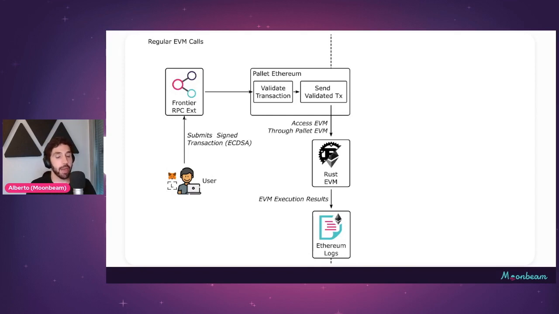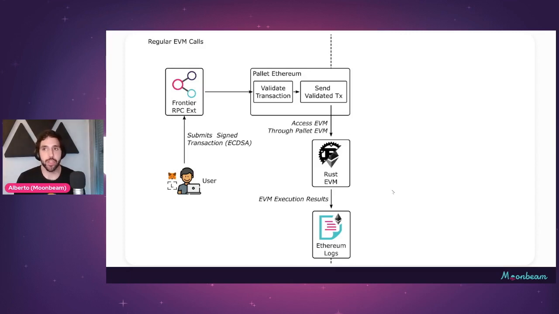And so basically this will get picked up by the Frontier RPC extension, and Frontier RPC extension will work together with Pallet Ethereum sort of to validate the transaction, make sure everything checks out, and it's going to send the validated transaction through the EVM pallet to the Rust EVM. This is super simplified, but it's just to show you the main point, right? So, once the Rust EVM executes everything, you have some execution results, and then you have some Ethereum logs that you can see on Moonscan, the Etherscan Moonbeam Explorer, and everything is cool. The user is happy. Everyone is happy.